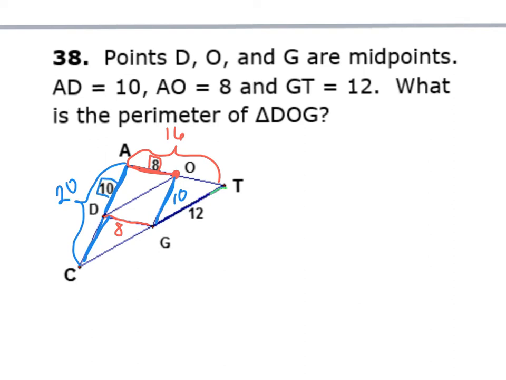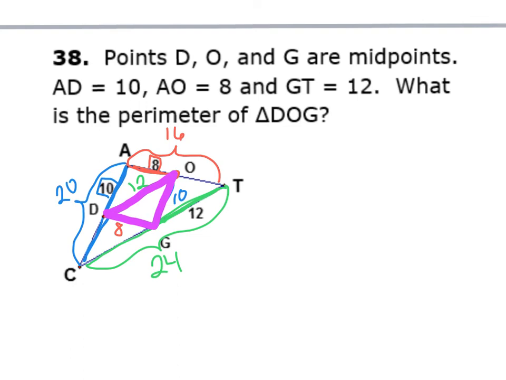And so you can probably skip the middle step at this point. Probably you could have already skipped it. But again, the whole thing here is going to be 24, just so you can see it. Which means the median across from it is going to be half of that, 12. Okay? This one says, what is the perimeter of triangle DOG? Here's DOG.